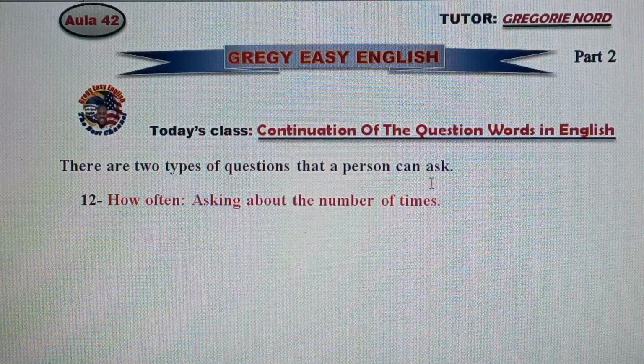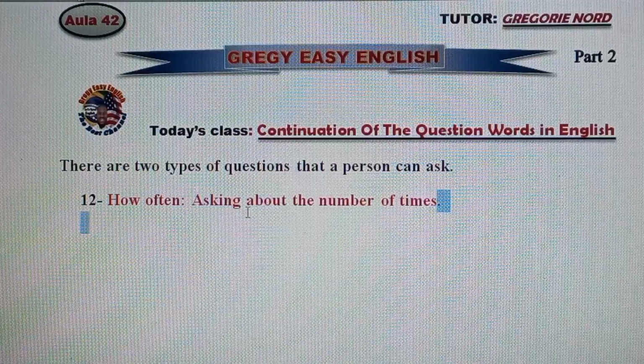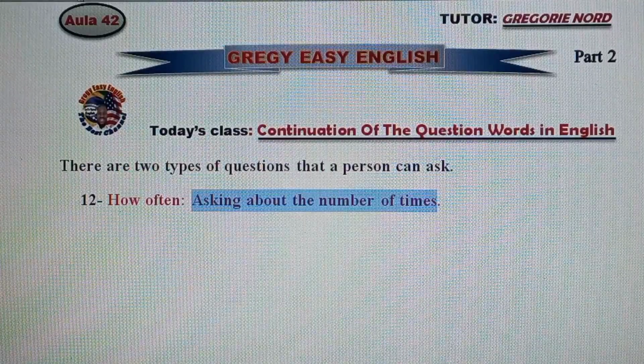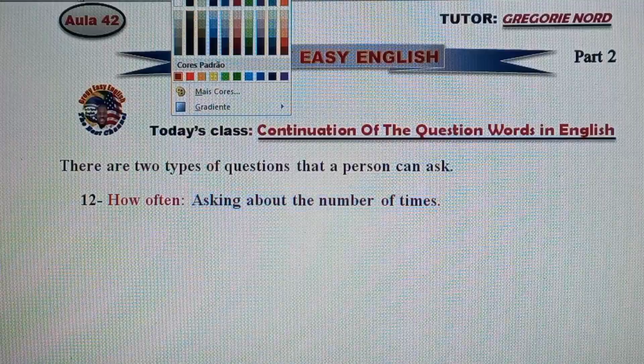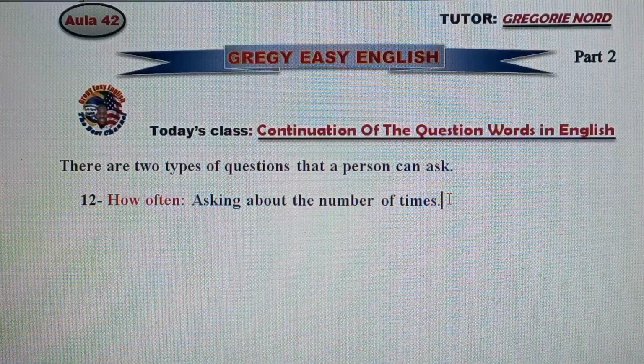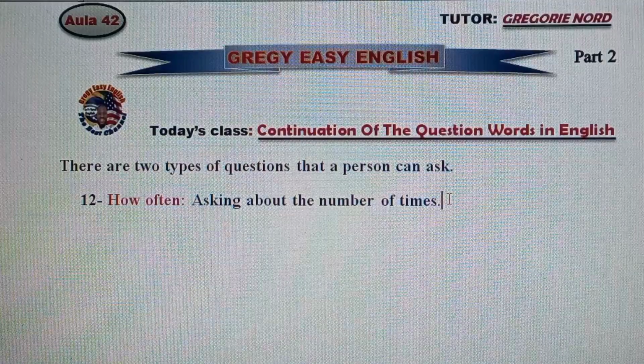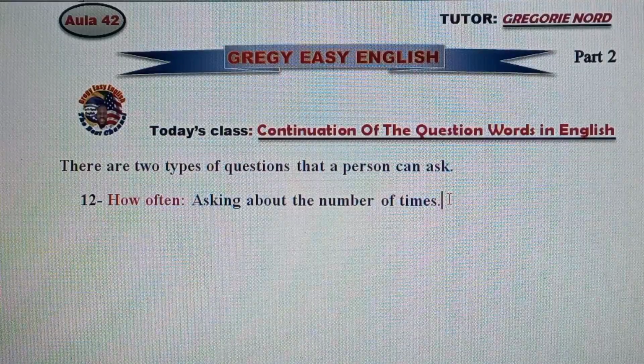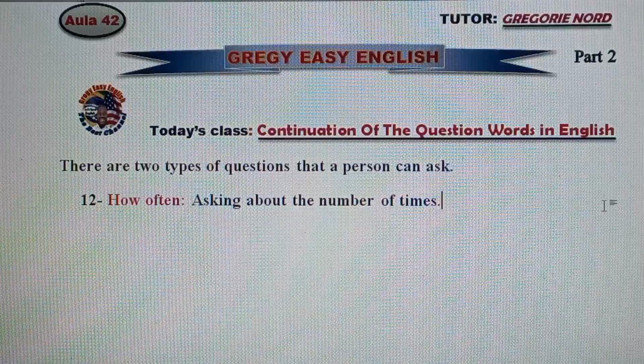All right, guys. Let's see what it means in Portuguese. Okay, how often asking about the number of times?